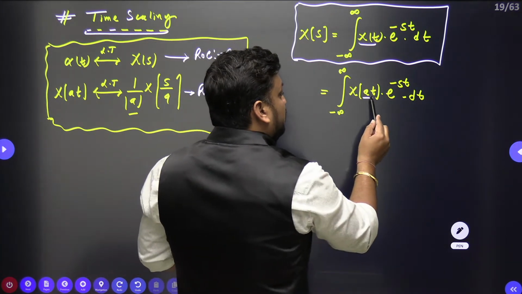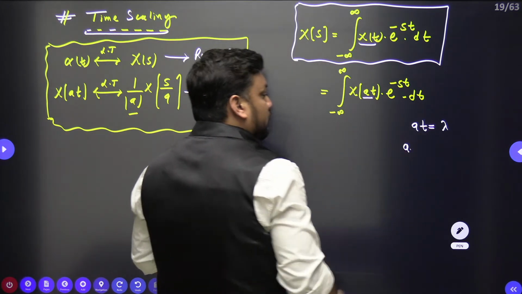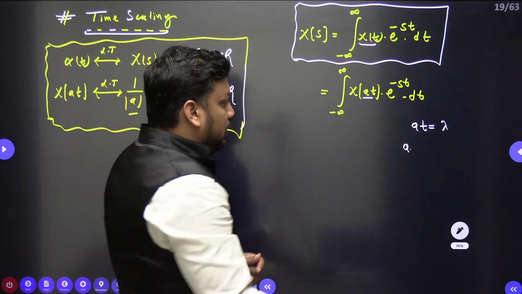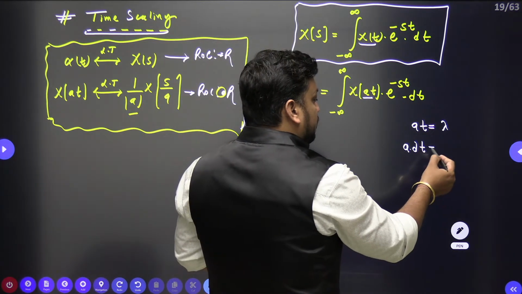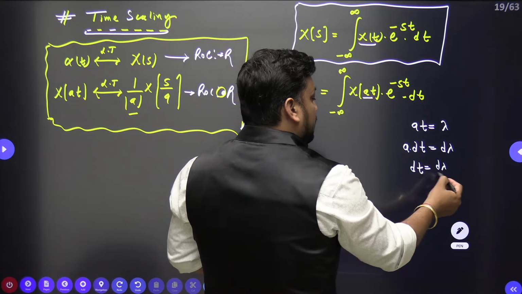If I put at as lambda and differentiate both sides, I get a dt equal to d lambda. So dt is equal to d lambda by a.